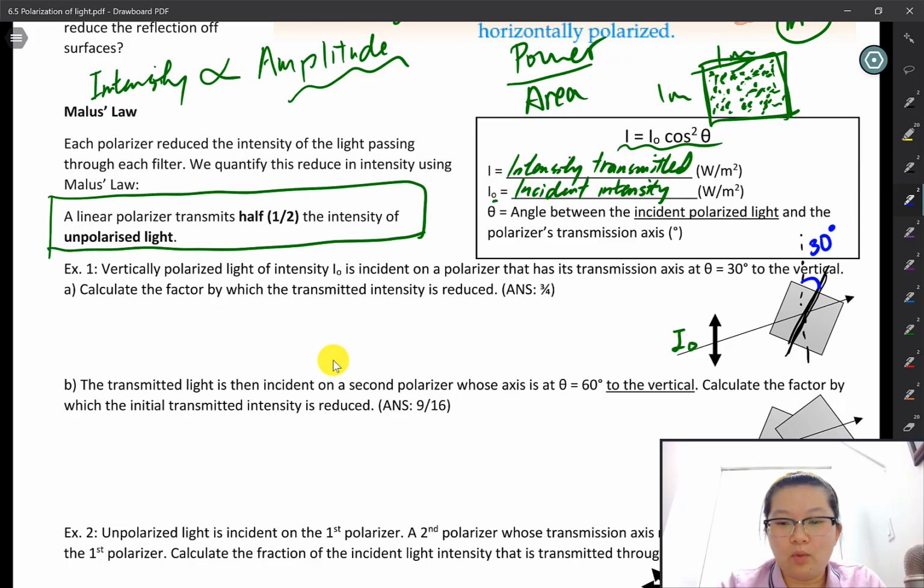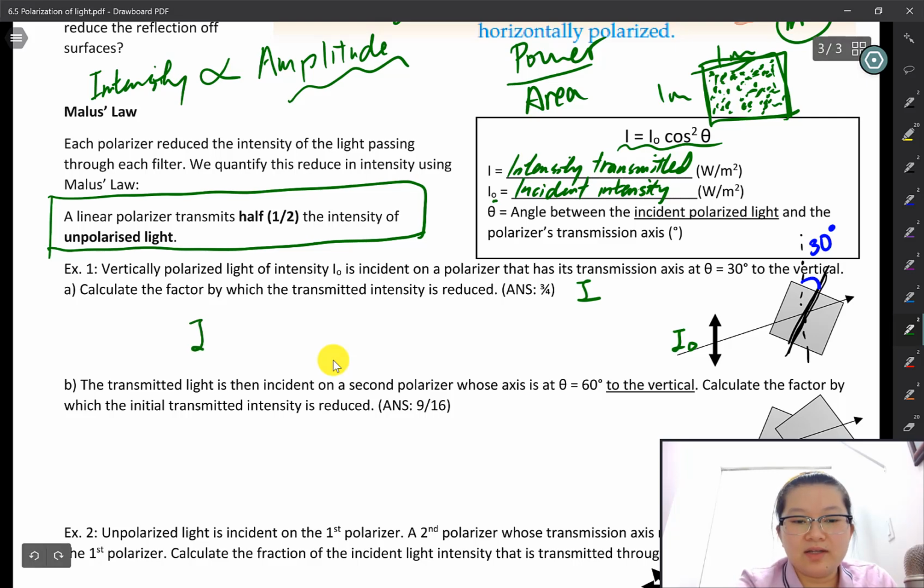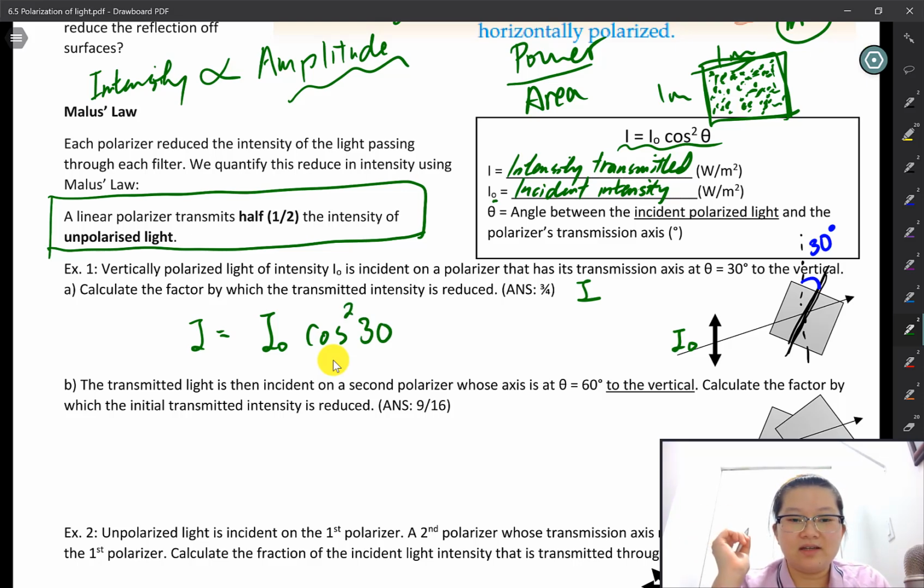So if we want to put this into Malus's law, we want to find the I, which is the transmitted intensity. This is going to depend on some factor of I0. And then we're going to use cosine of 30, but this is squared, don't forget that. And notice one thing about cosine of 30: it's actually one of your special triangles.